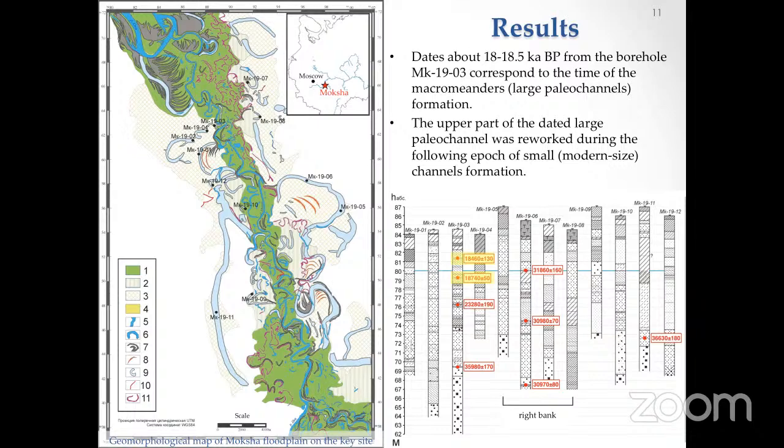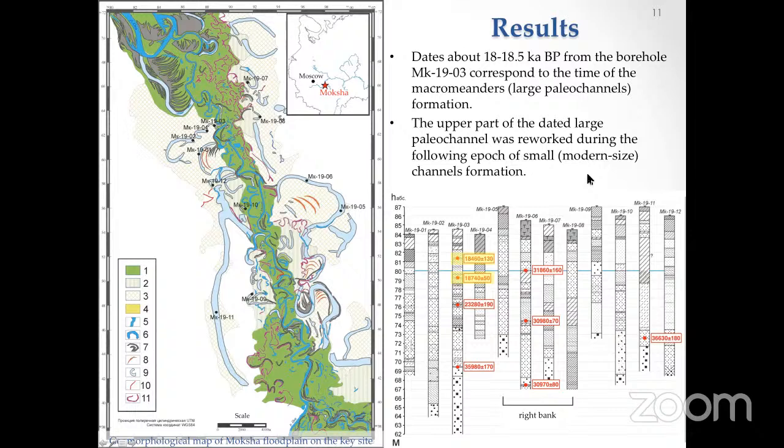But if we look back at borehole number 3, we can see that the upper part of the dated large paleochannel was removed during the following epoch of small or modern channel formation, because we made this borehole hoping to date a small paleochannel.